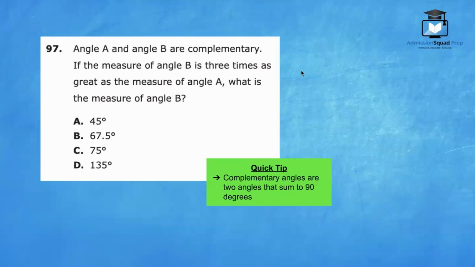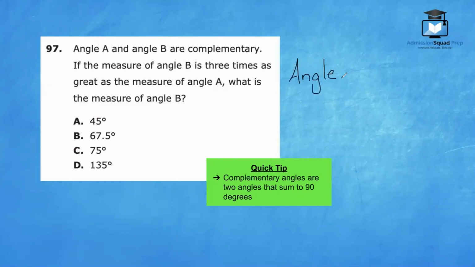Number 97. Angle A and angle B are complementary. If the measure of angle B is 3 times as great as the measure of angle A, what is the measure of angle B? Quick refresher. Complementary angles are two angles, just two, that sum to 90 degrees.